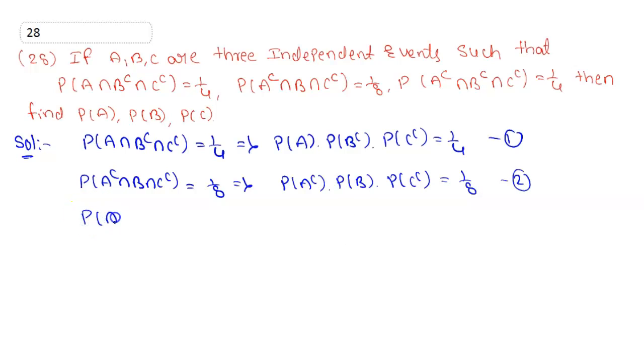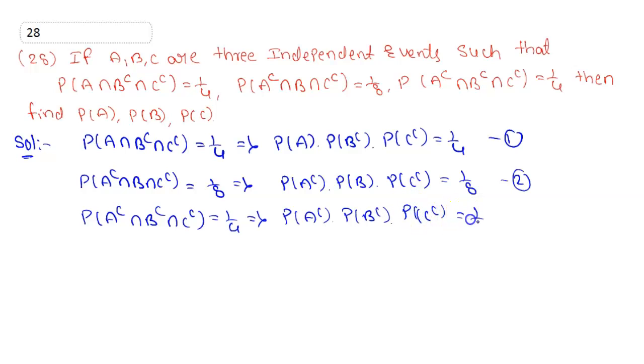And the third one is P of A complement intersection B complement intersection C complement, that is equal to what? 1 by 4 only. So that is nothing but P of A complement into P of B complement into P of C complement is equal to 1 by 4. That is equation number 3. Okay.